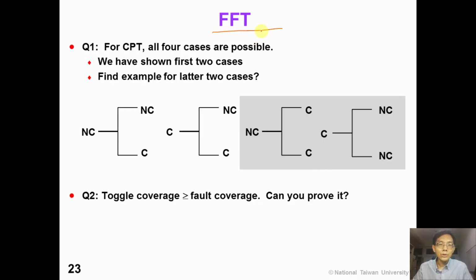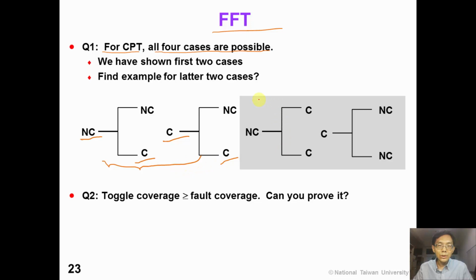Finally, we have two interesting FFTs for you to think about. Question number 1. For CPT, actually there are 4 cases. For example, when one fanout branch is critical, the stem can be non-critical. When one of the fanout branches is critical, the fanout stem can be critical. We have already shown these 2 examples in this video.